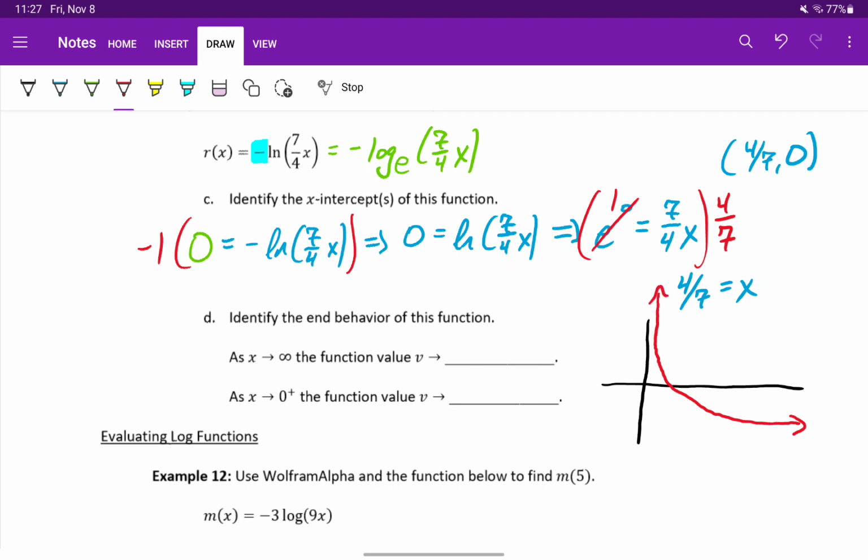The rate of decrease will look kind of slow as x gets bigger and bigger, but it's still going to be headed to negative infinity as x grows larger. And as we approach 0 from the right, we still have that vertical asymptote at x equals 0, but now because the behavior has been flipped, our function is going to be headed to positive infinity.